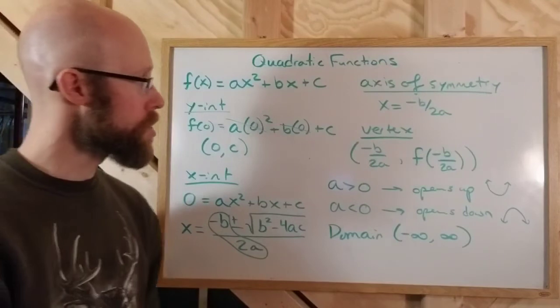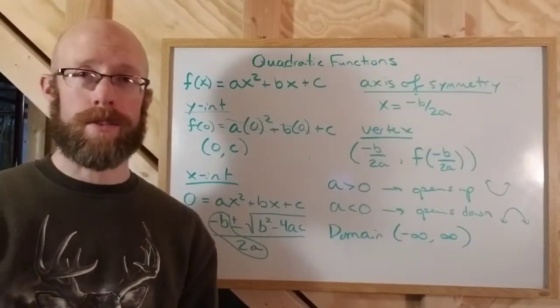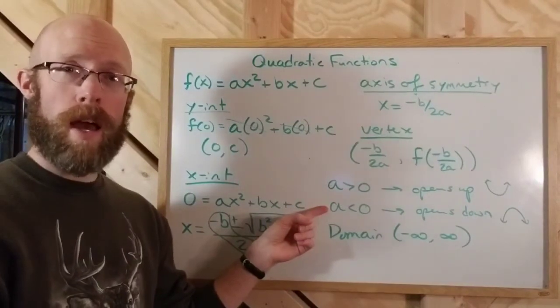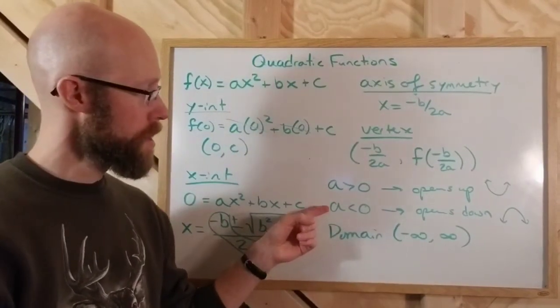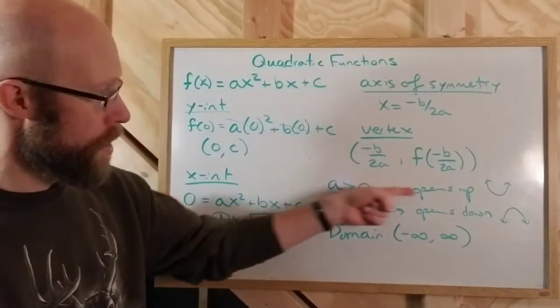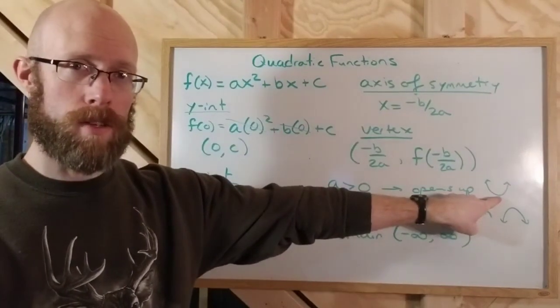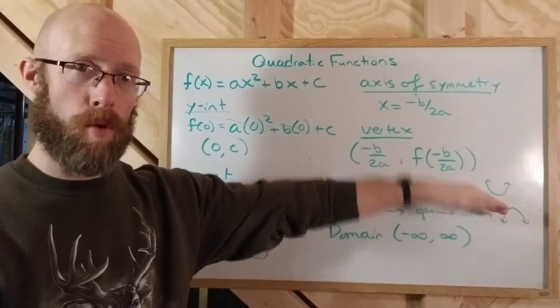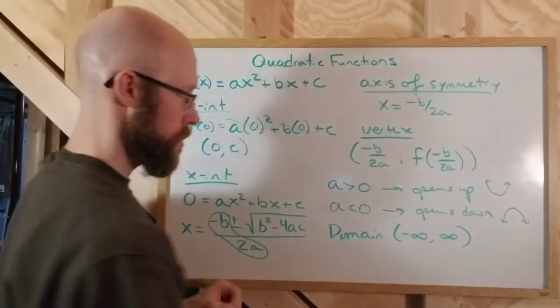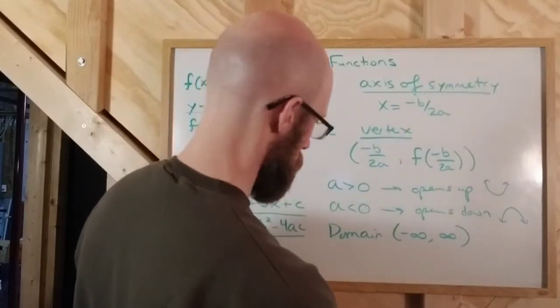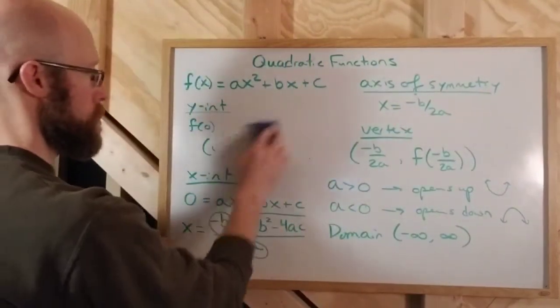Now the range depends. The range depends upon two things: the a value and the vertex. If you have a situation where the graph opens up, then you have a minimum at the vertex, and the range goes from that point up to infinity. Okay? So, let's look at this, maybe I'll need to erase a couple things here, make a little space.